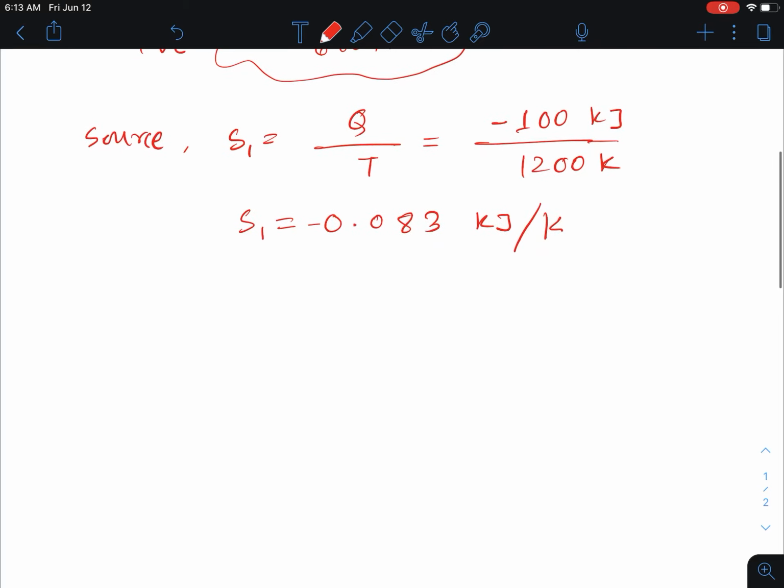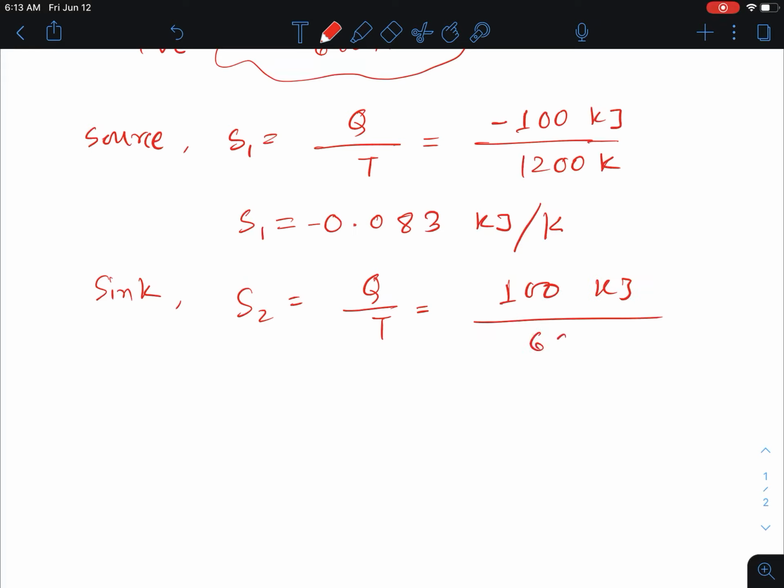And then similarly, we calculate the entropy for the sink, thermal reservoir 2. The entropy S2 will be Q over T, which is nothing but 100 kilojoule divided by 600 Kelvin.